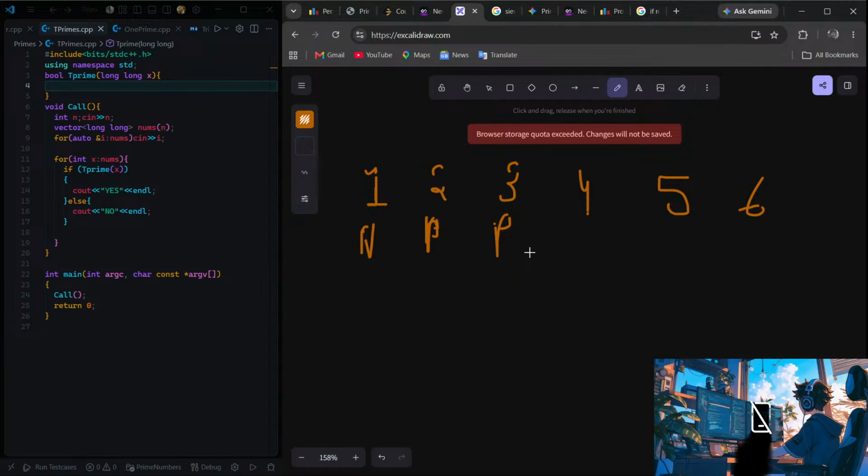It's T prime, a prime square. What factors will it have? 1, P and P square.